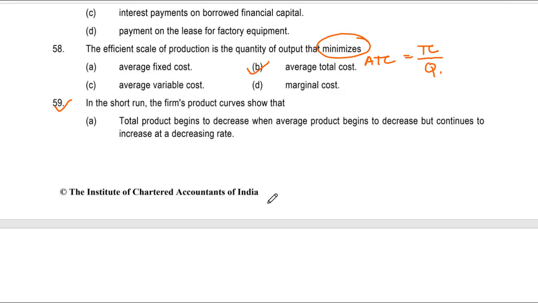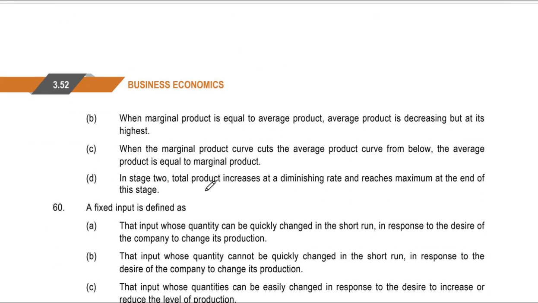Question number 59. In the short run, the firm product curve shows that the total product begins to decrease when A. Average product begins to decrease but continues to increase at a decreasing rate. B. When marginal product is equal to average product, the average product is decreasing but at its highest.